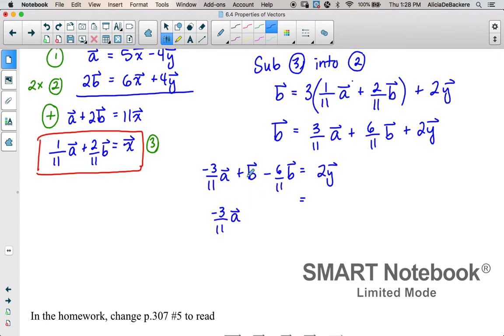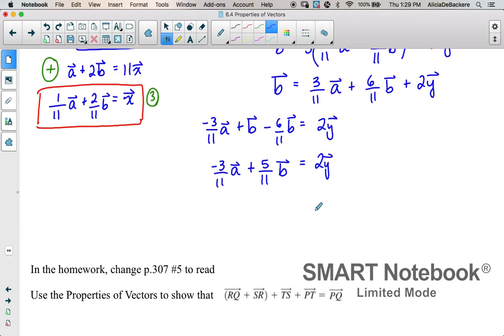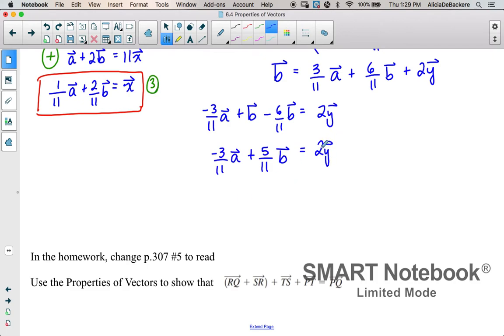This is 1b is the same as 11/11ths, and so 11 minus 6/11ths is 5/11ths. And then finally I need to divide everything by 2, so that just means it's going to join the 11 as a multiplier over here in the denominator. And there's my second equation.